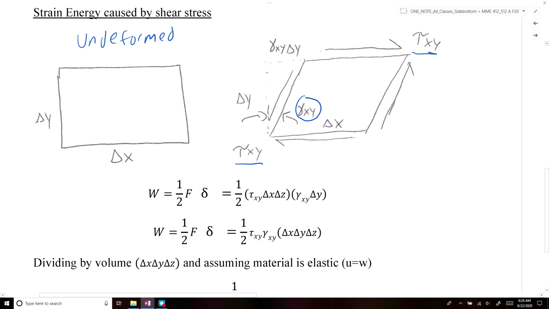We again can define work as being equal to 1/2 our force times our displacement. Our force in this case would be the stress times the applied area, which is the top of our element, delta x times delta z.